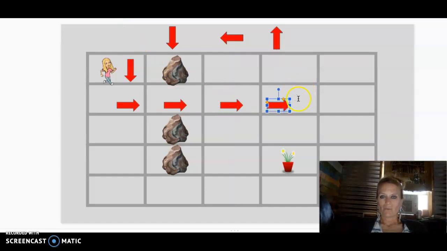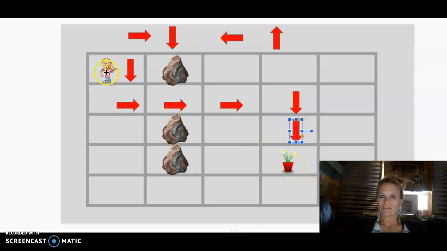And then I'll be here. Where would I go next? I'm going to put this one back up here because I'm going to go over, over, over. And then when I get here, I want to go down. And then I want to go down 1 more, and I will be there.